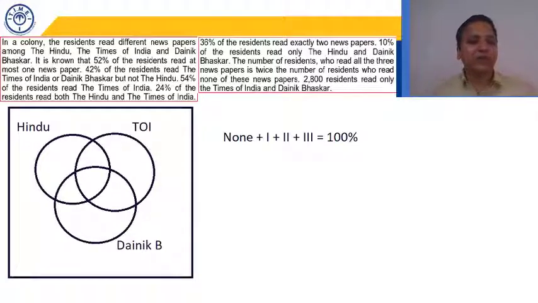Now, how many regions are there in this universal set? Total 8. Exactly 1 comprises 3 regions. Exactly 2 comprises 3 regions. Exactly 3 comprises 1 region. And none comprises 1 region. This we have clearly shown in the previous class.